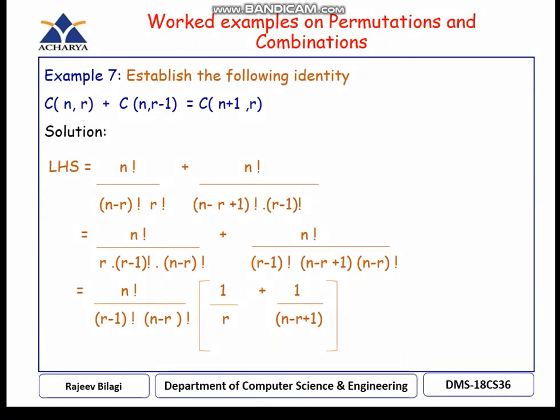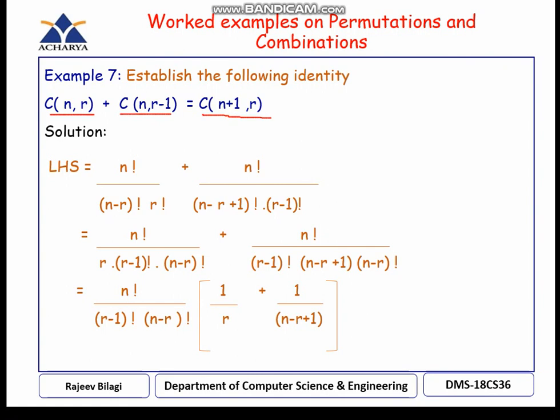Now with a similar kind of approach to what we have done with respect to nPr, now it is nCr. So we need to show nCr plus nC(r-1) is equal to (n+1)Cr.